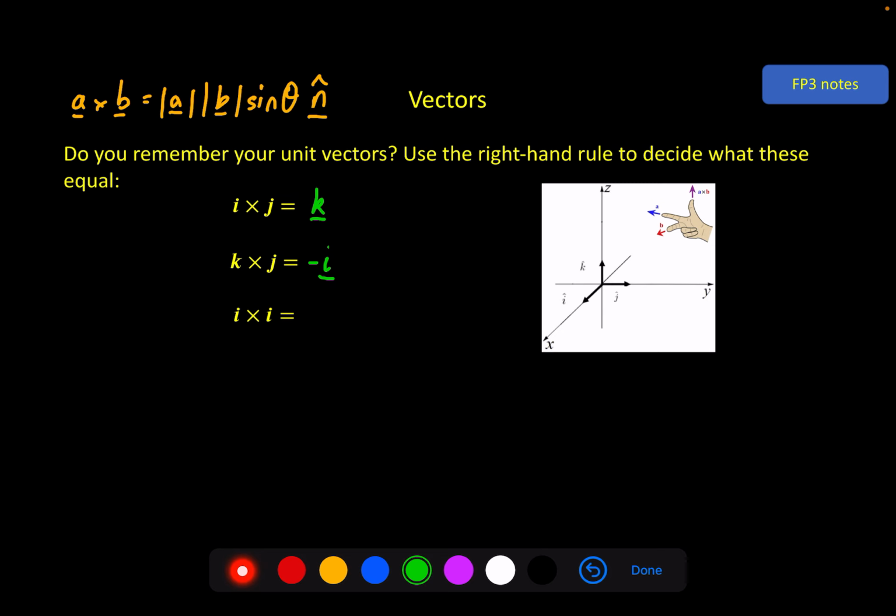And if you were to do i cross i and point your two fingers in the same direction, hopefully a quick twist of your wrist will convince you that your thumb could point in any direction on the yz plane, and this is 0. A better explanation for that is, of course, if you've got two vectors parallel, the angle between them is 0, and the sine of 0 is, of course, 0. So all of this becomes 0.